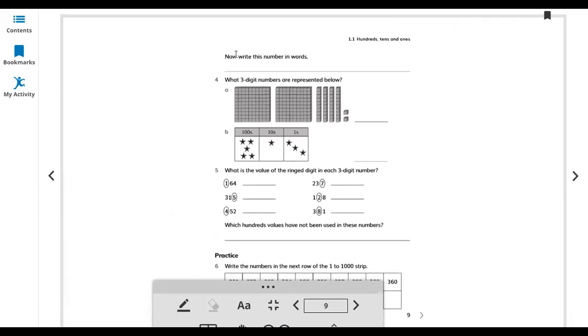So we can write here: 300, and 1 ten, 300, 1 ten, and 6 ones.